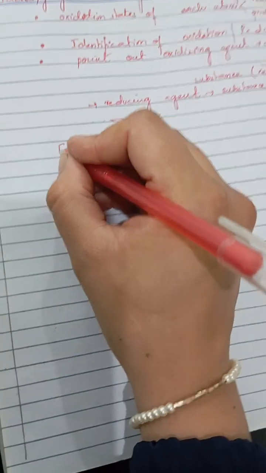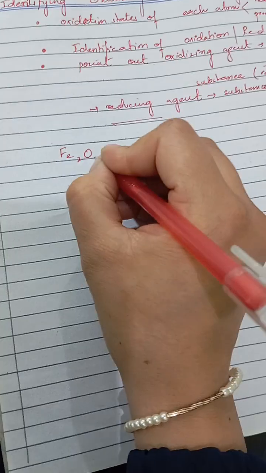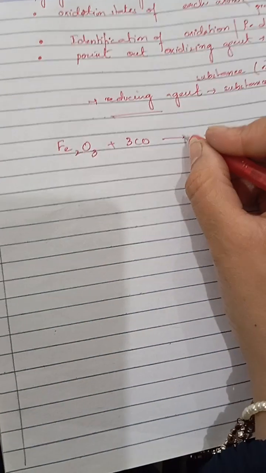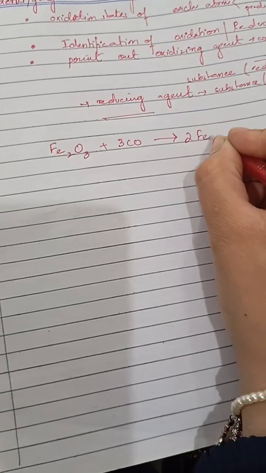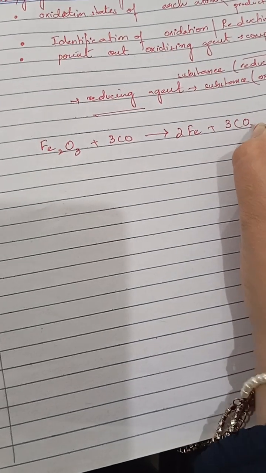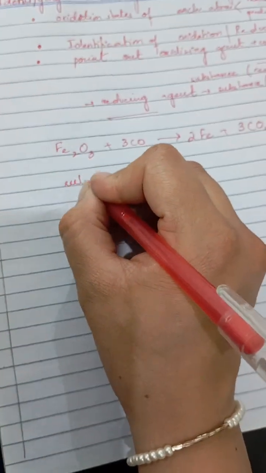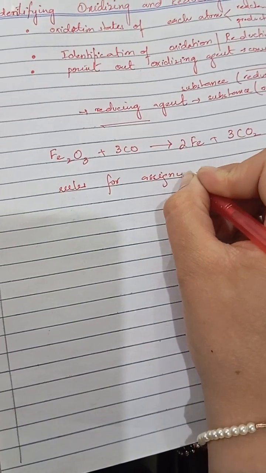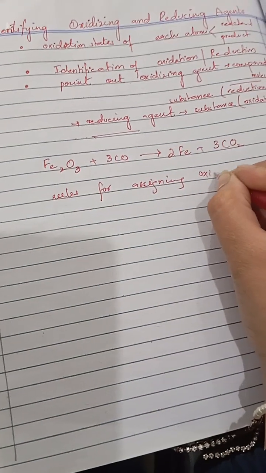Let's give an example: Fe2O3 plus CO gives 2Fe plus 3CO2. For this you must know the rules for assigning oxidation states.